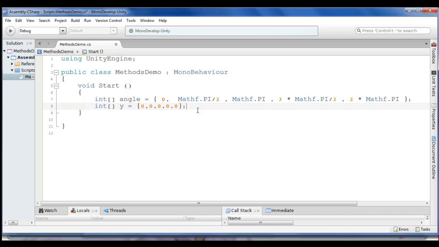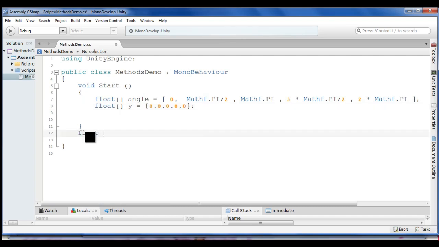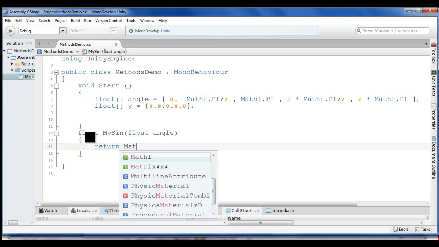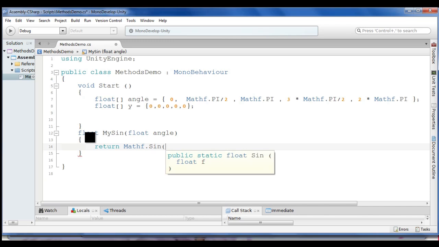Nothing is there in this one. Then we are going to write our own function which is going to return back the value. These are all floats, and this one also float, and here our function returns a float, and the function name I give is MySine, which takes the angle and returns the sine of the angle.